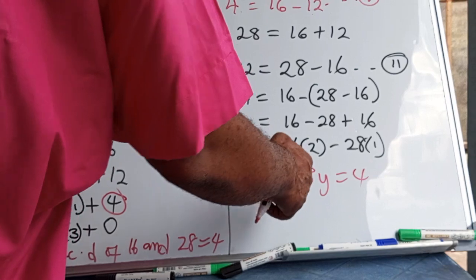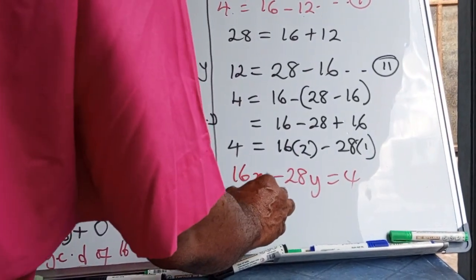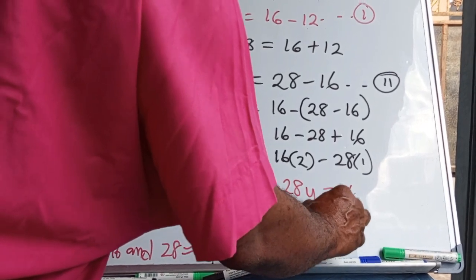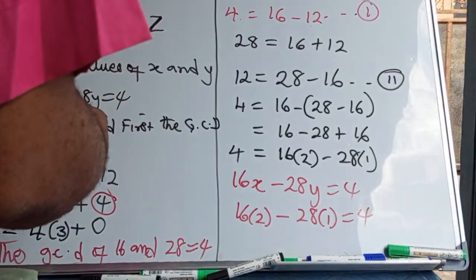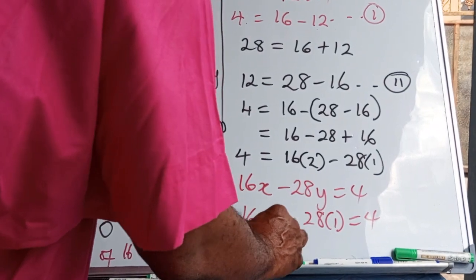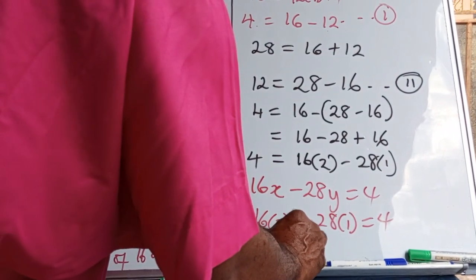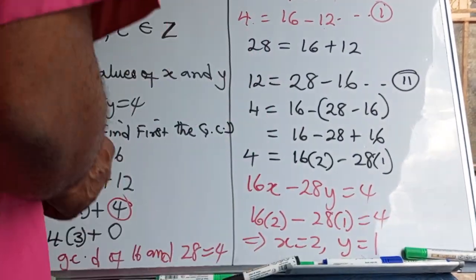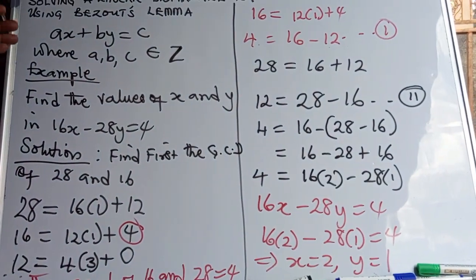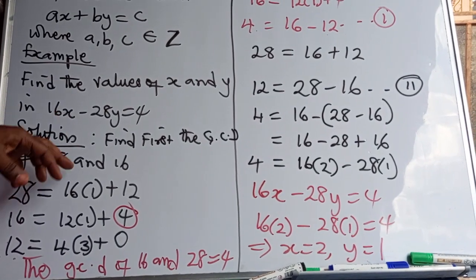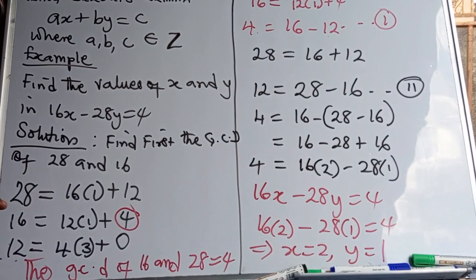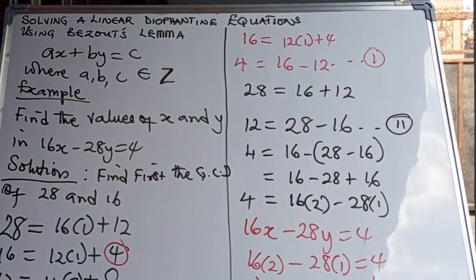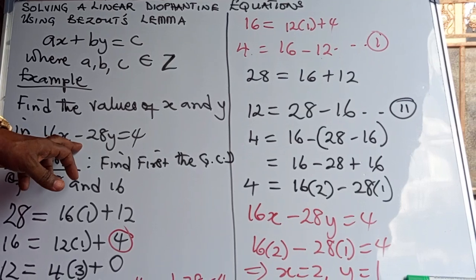So if I rewrite this, we have that 16 times 2 minus 28 times 1 is equal to 4, which now implies that x is equal to 2 and y is equal to 1. So you can see how solving the Diophantine equation from Euclid's algorithm and then taking it back to Bezout's identity has given us a solution to the Diophantine equation we were given by the question.